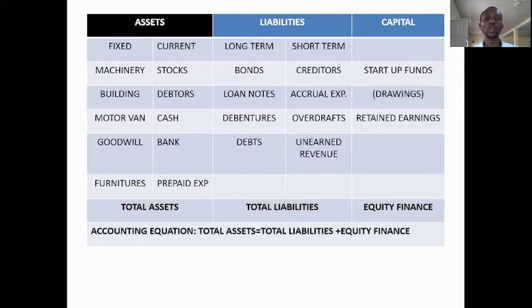Okay, like in a bakery, for example, they will have machines, they will have ovens, they will have mixers and all of that. But those mixers, those ovens are not what they are selling. Those become their assets.